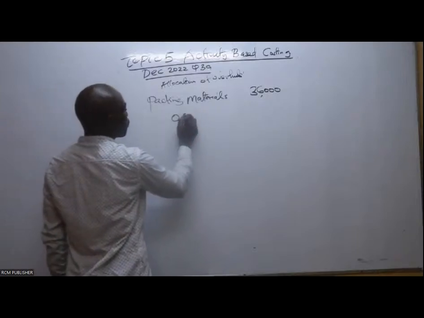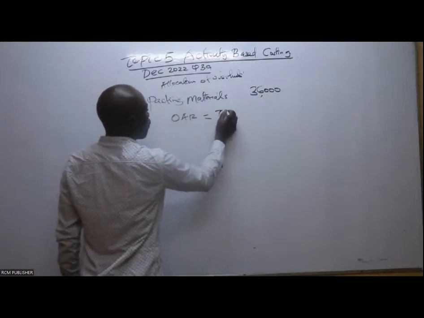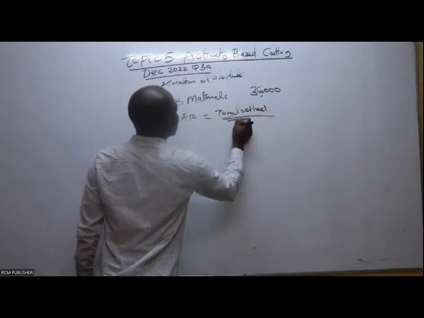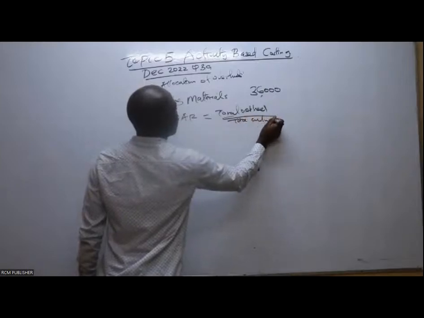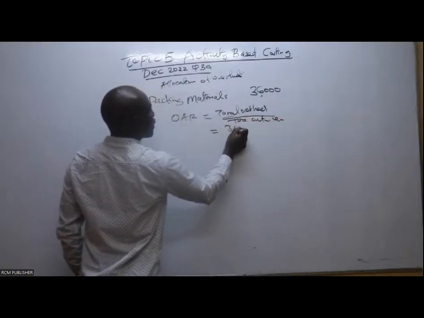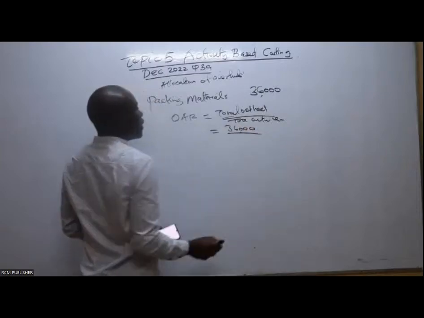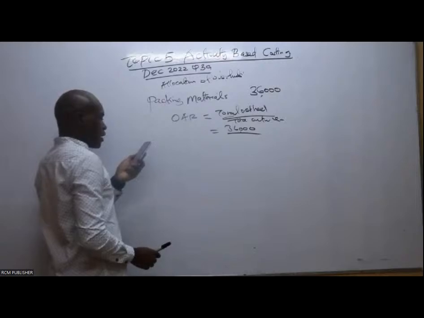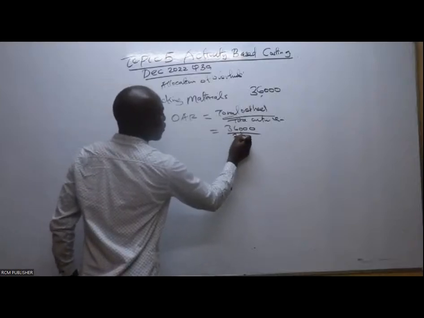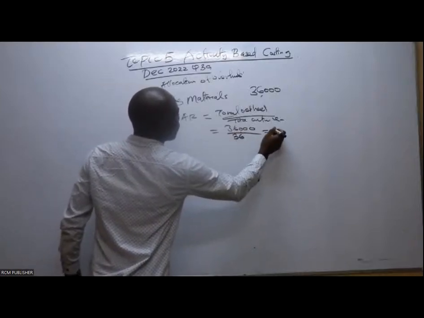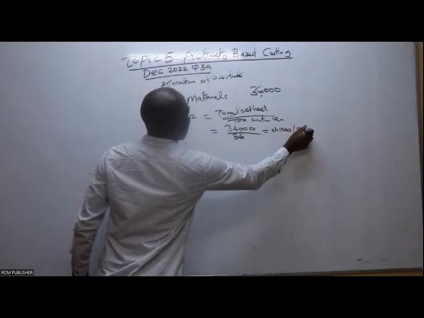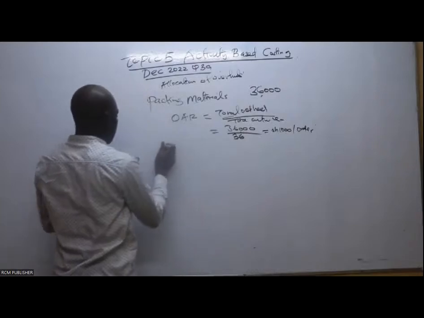So the overhead absorption rate will be total overhead divided by total activity level. Our total overhead is 36,000. We divide by total activity level, which is number of customer orders, 6 plus 20, 26, plus 10, 36. I'm going to get 1,000 shillings per order. What will product T have?